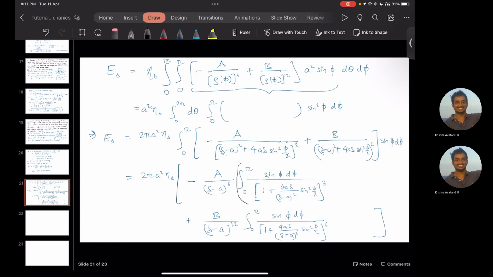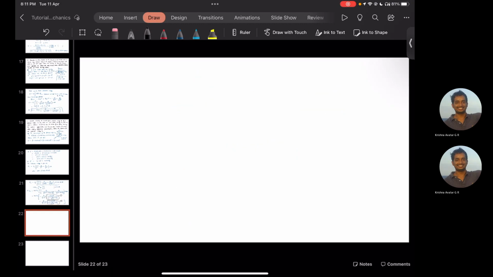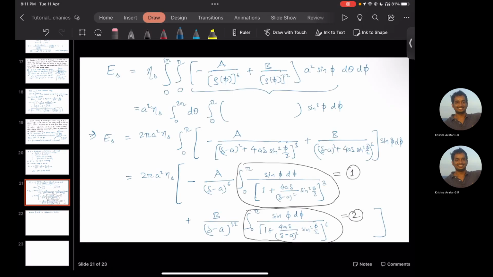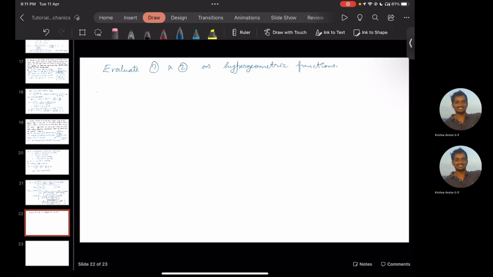So this expression, let's call it 1, and this one 2. We need to evaluate these two integrals. Our aim is to evaluate 1 and 2 as hypergeometric functions.